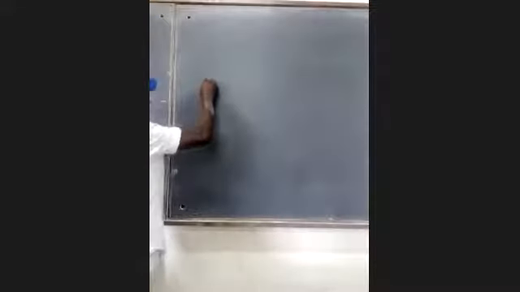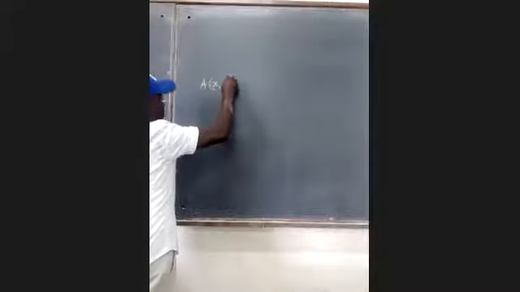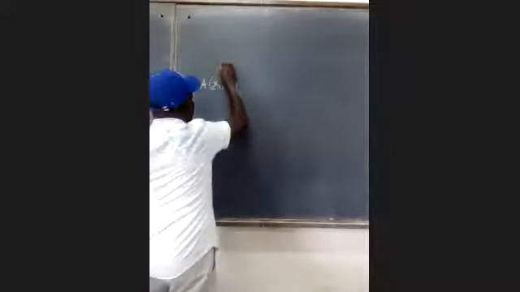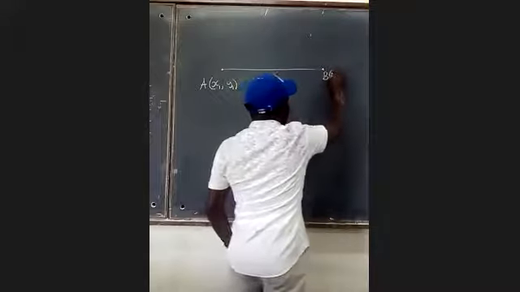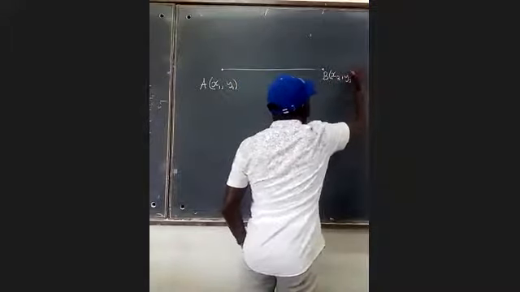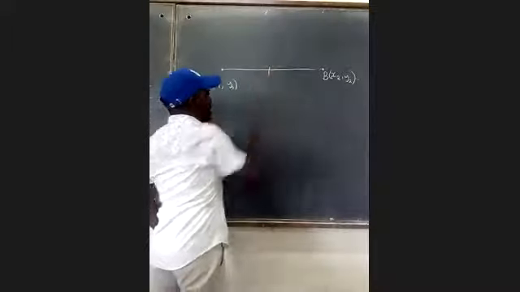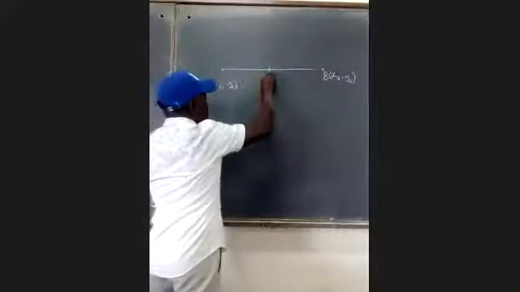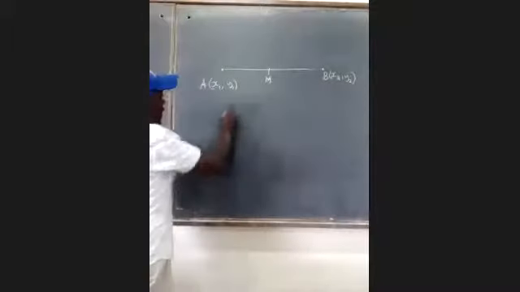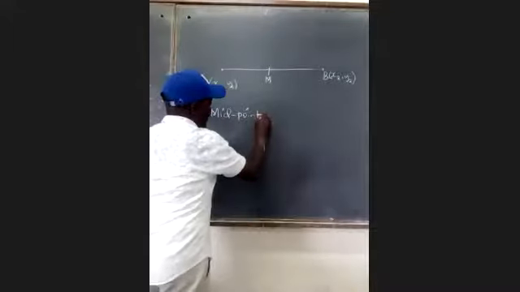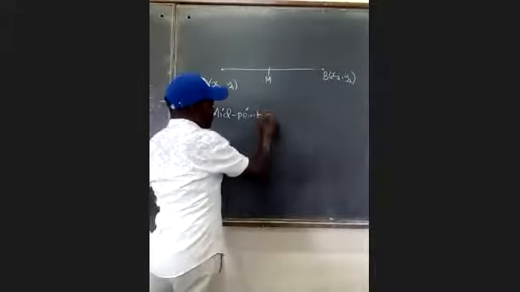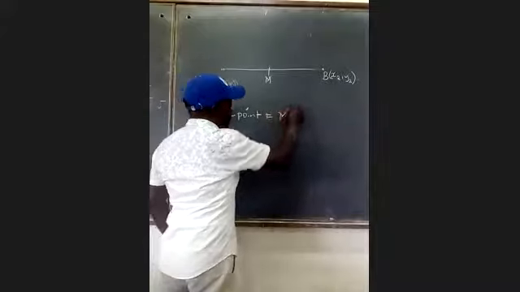To remind you a little, given two points, a point A with coordinates x1, y1, and another point B with coordinates x2, y2, the midpoint M will be here in the middle.